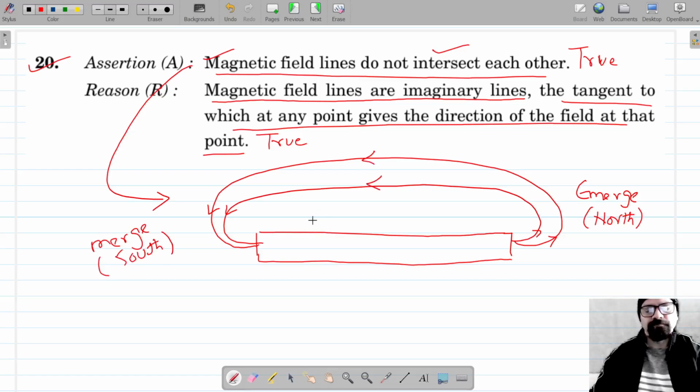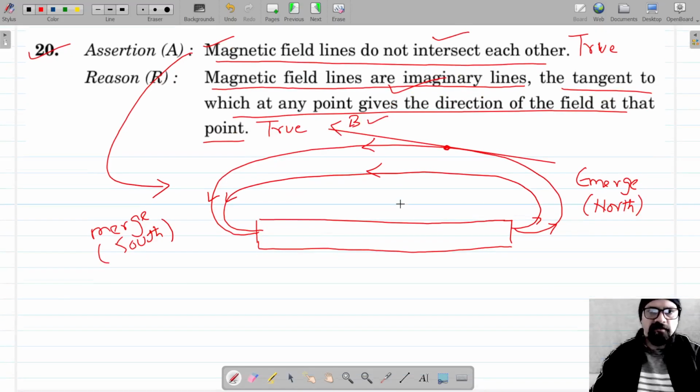These are imaginary lines. Now if I take this point and want to find the direction of the magnetic field at that point, I draw a tangent at this point. The tangent gives me the direction of the magnetic field, which is noted by V. You study that in higher classes.